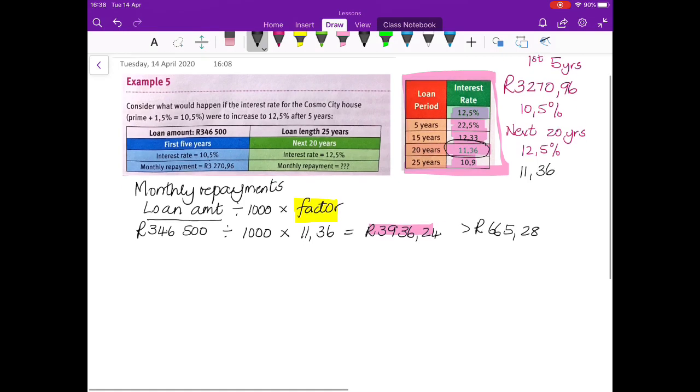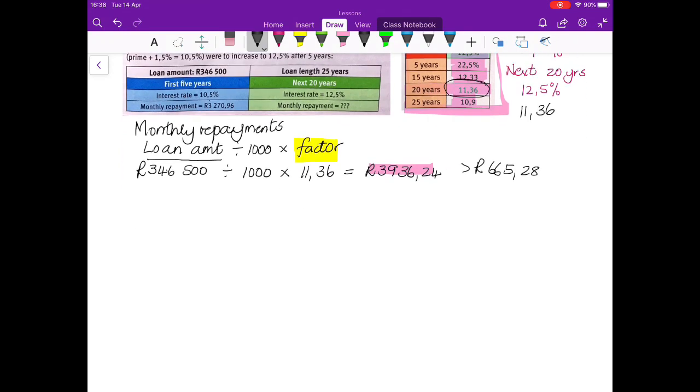Now, the next thing we want to do is see what the real cost of the loan is. We're not going to be as pedantic as to the last month's payment, so this is not 100% accurate, but for a homeowner, it's accurate enough. So the first 5 years: 5 years is equal to 12 times 5, which equals 60 months.